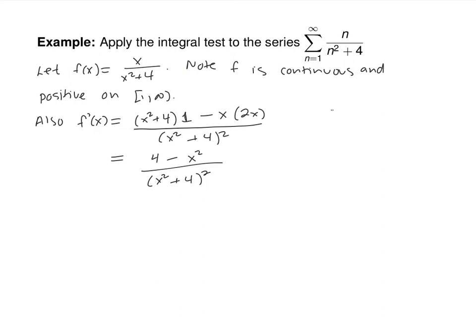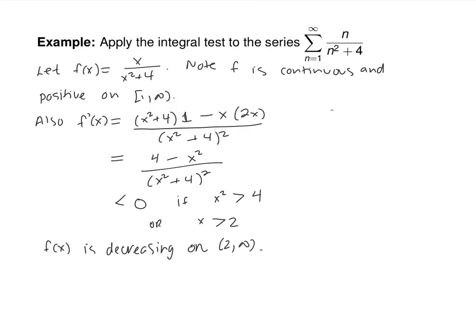Now this thing will be less than 0 if x squared is bigger than 4, or for us, that's true if x is bigger than 2. So your function f of x is decreasing on the interval from at least 2 to infinity. And remember that ultimately decreasing was sufficient. So we're going to apply the integral test.